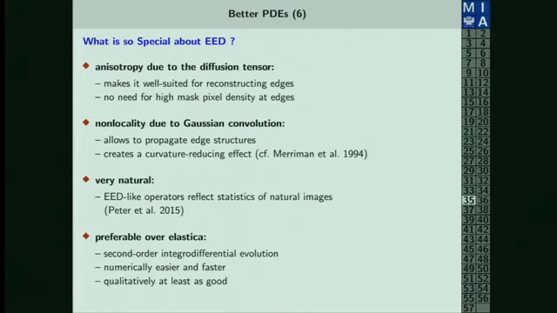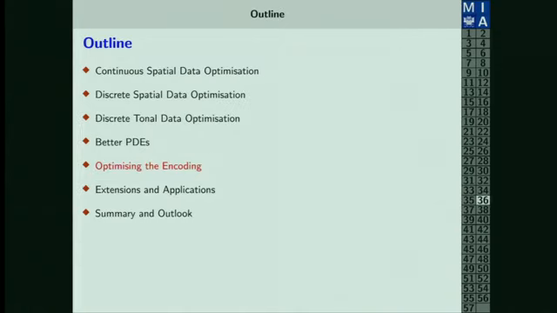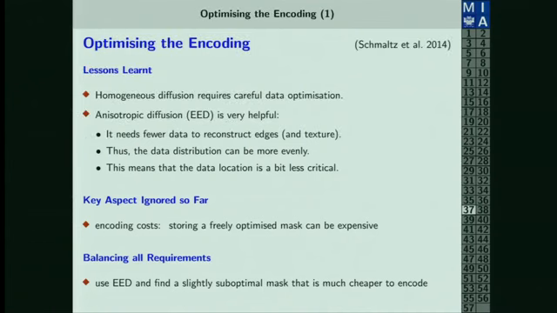And the experiments that Tom and I have been running, comparing a lot over the last 3 weeks, suggest that it's at least not worse than Elastica. In some cases it's even better, perhaps because it's easier to come up with good numerics there. Okay, so that means we have a good candidate for in-painting which can beat homogeneous diffusion, namely this edge-enhancing anisotropic diffusion. But that's not the entire story.